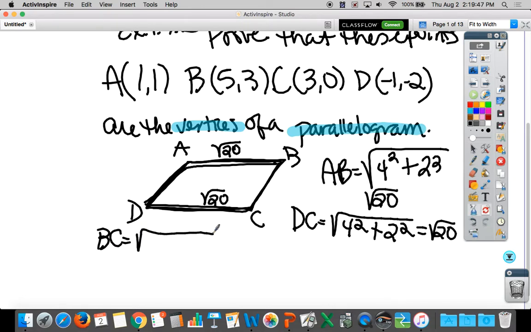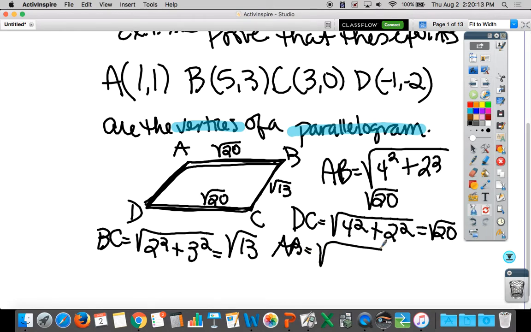So, the distance from B to C, from 5 to 3 is 2. From 3 to 0 is 3. So, that's 9 and 4, square root of 13. Does that look right? And then, so that's BC and AB. 1 to 5 is, no, AD. 1 to negative 1 is 2. 1 to negative 2 is 3.